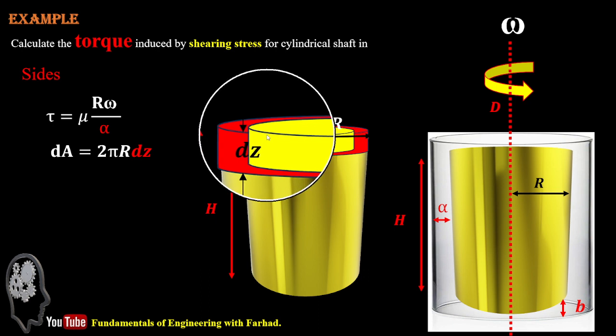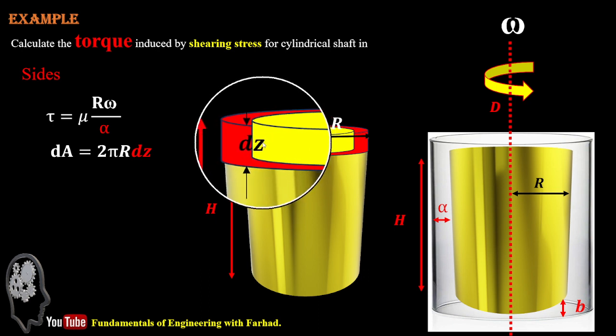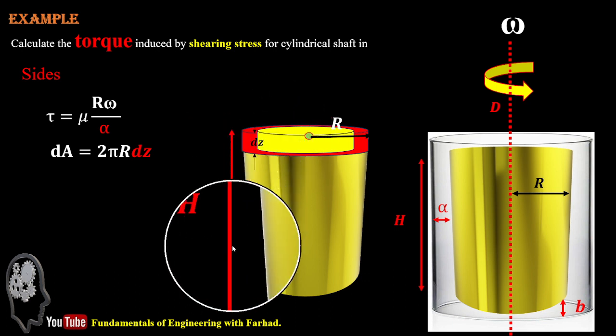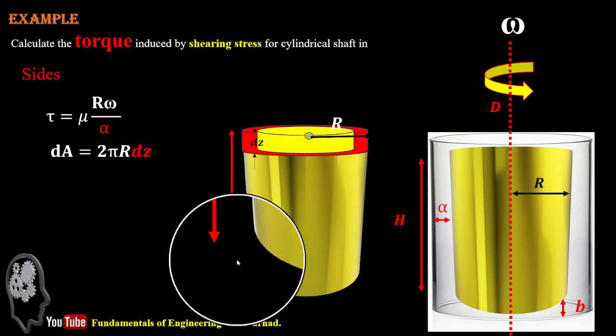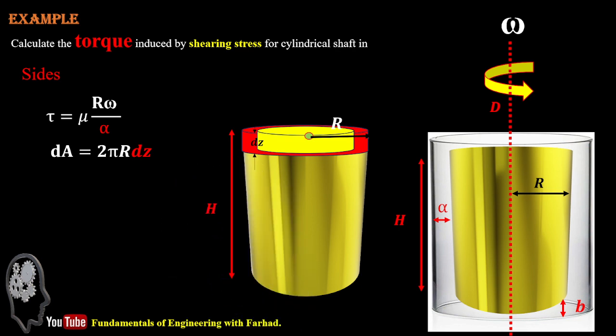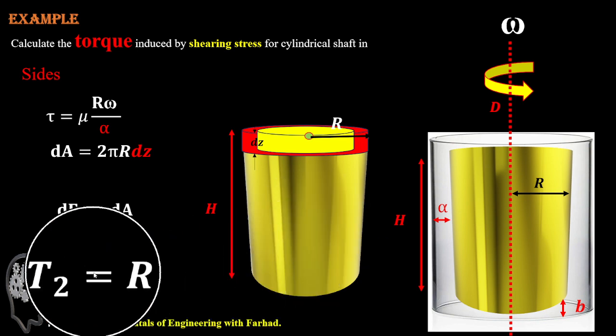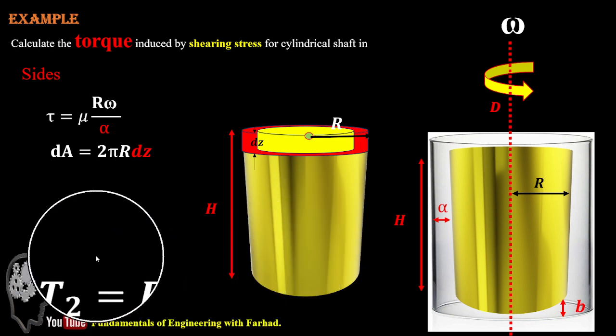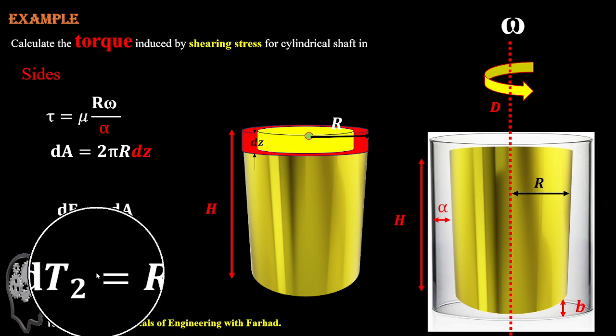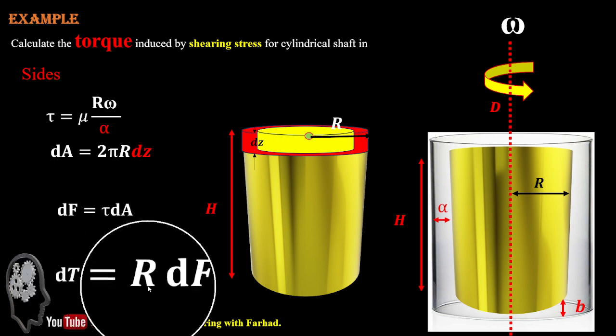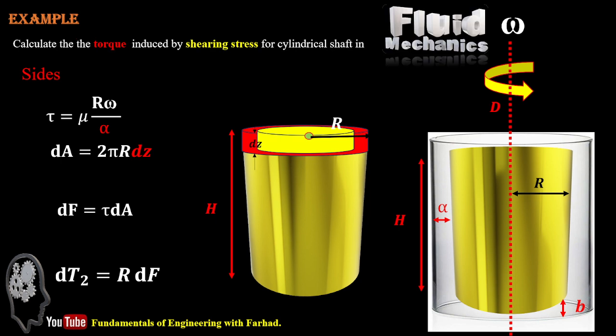And this time we integrate vertically from 0 all the way down the overall height h of our cylinder. And then dF, definitely stress times area, is force, and then dT2, the element of torsion for the sides, is r dF.